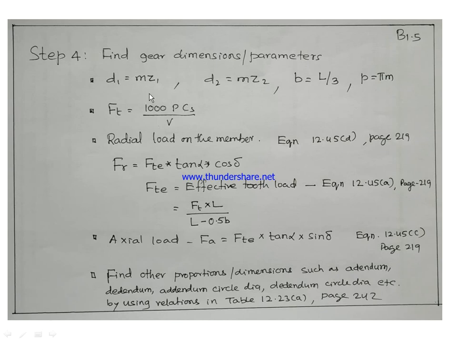Then once the module is fixed, find out the dimensions or parameters of the pinion and the gear. So these are the set of equations available in the data book.